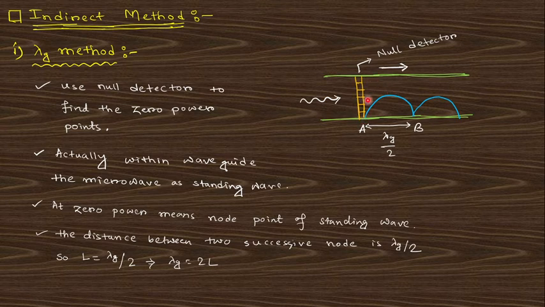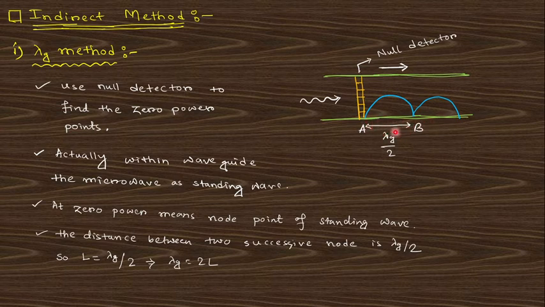At first we get the power 0 at this point, point A. We measure the position using a scale, and if we move towards the right-hand side, the next null point we find is at point B. Then we can measure this length using any scale.